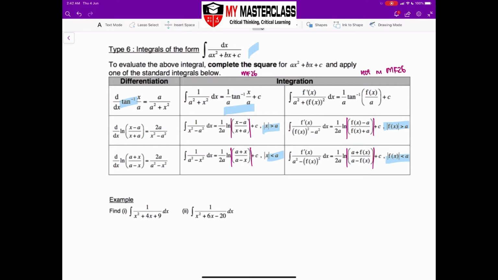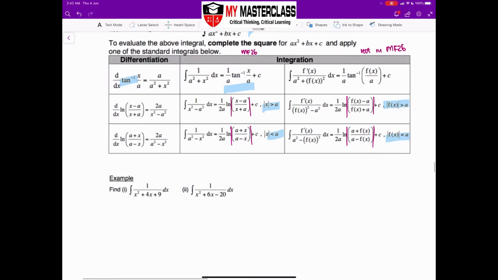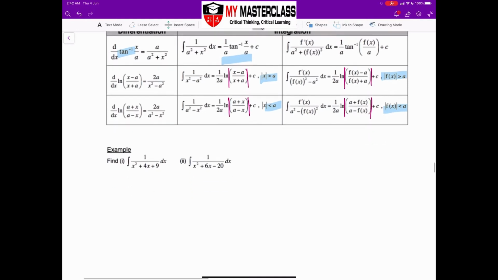However, we don't denote the range when we do integration, so we need to make sure that we always include the modulus. Unless, of course, a plus x over a minus x, etc. is always positive, then we don't include the modulus. But to make it safe, generally I'll just leave the modulus there, so that I don't make any careless mistake over here.